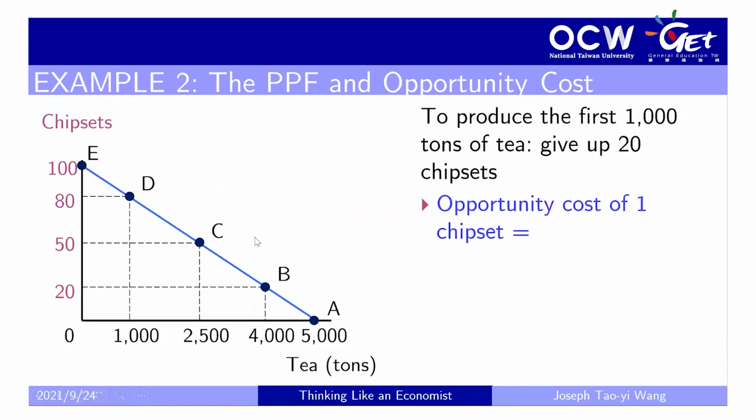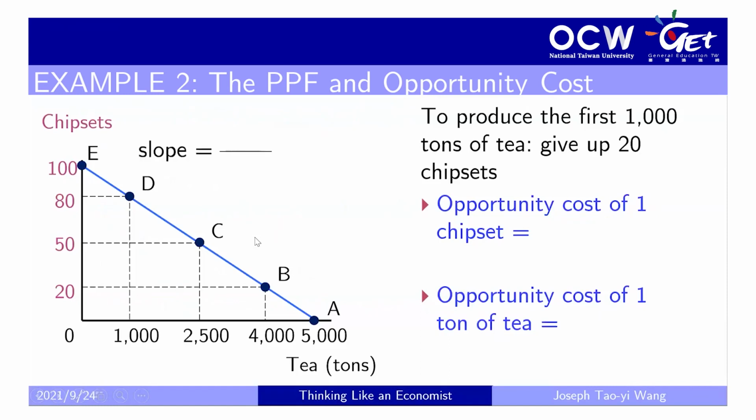So, think of producing the first 1,000 tons of tea. Well, you're giving up 20 chipsets. So now we can try to calculate the opportunity cost of one chipset and the opportunity cost of 1 ton of tea. It's a slope. To produce 1,000 tons of tea, how much do you need to give up?